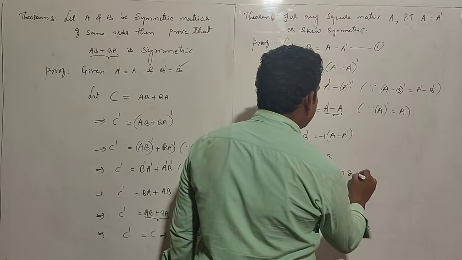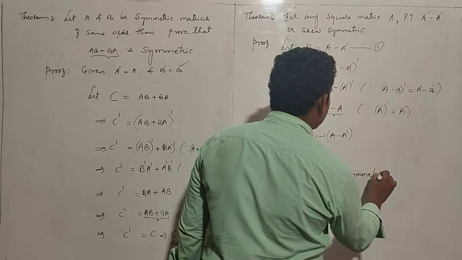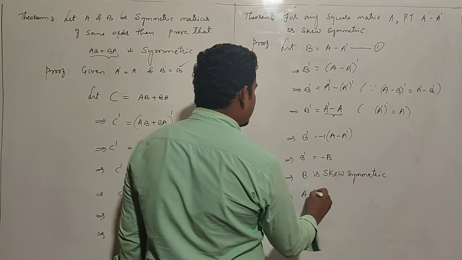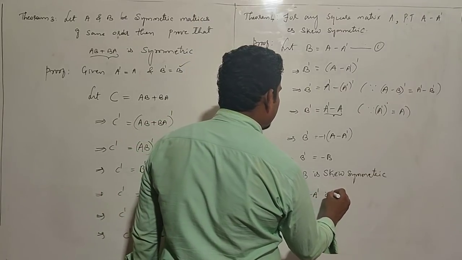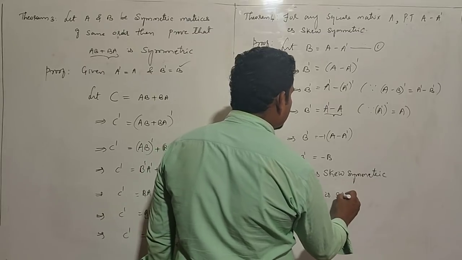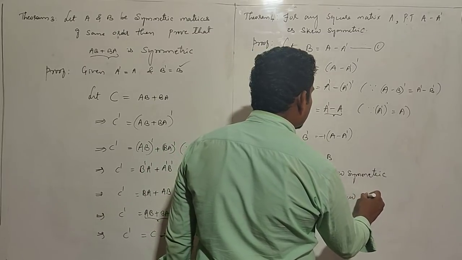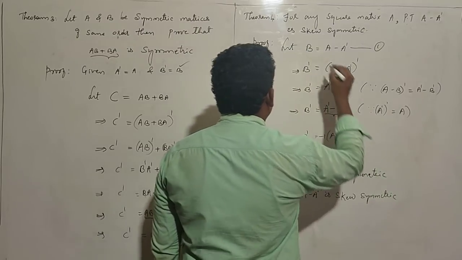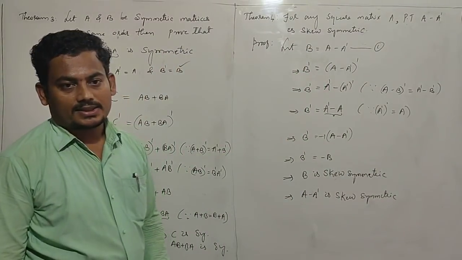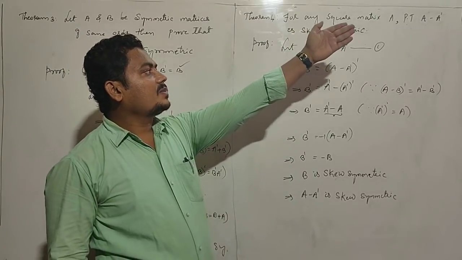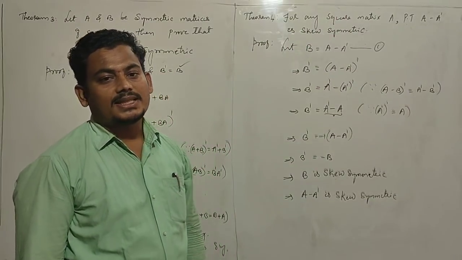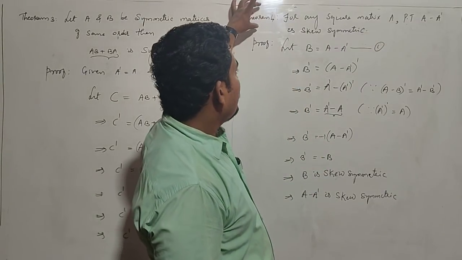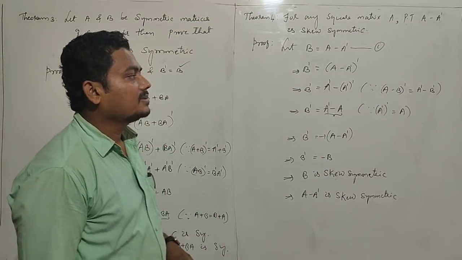B is skew symmetric means A minus A transpose is skew symmetric. This is also important for 2 mark. For any square matrix, prove that A minus A transpose is skew symmetric. This theorem also important for 2 mark.